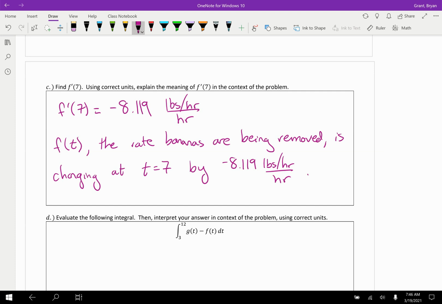And that's it. We start, so our intro is what is the thing the derivative measures the rate of change of? We are measuring the rate of change of f, and we gave it context.